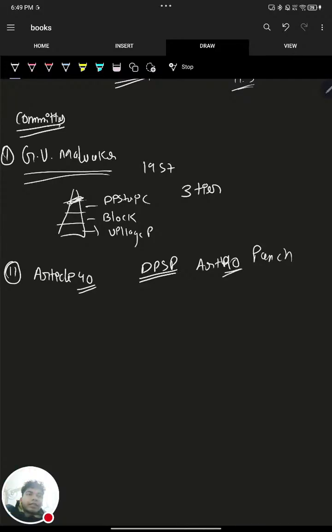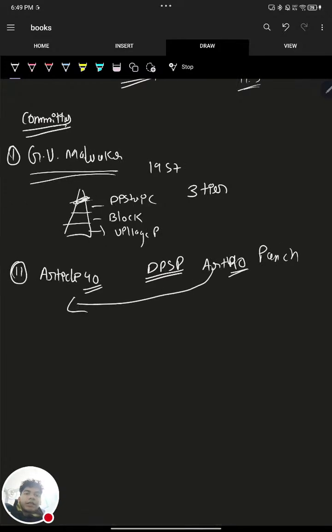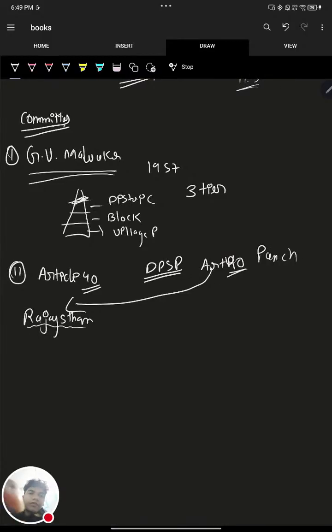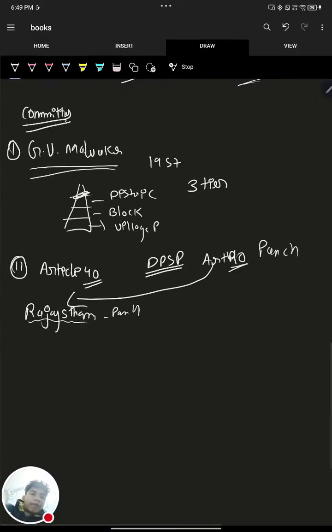But that Panchayati Raj is basically, the thing is like the Rajasthan, as in DPSP state. Okay, so Rajasthan, you are seeing the connection. Rajasthan was the first state to accept this Panchayati Raj, and this happened on 2nd October 1959, 2 years ahead of 57, the Malvekar committee.